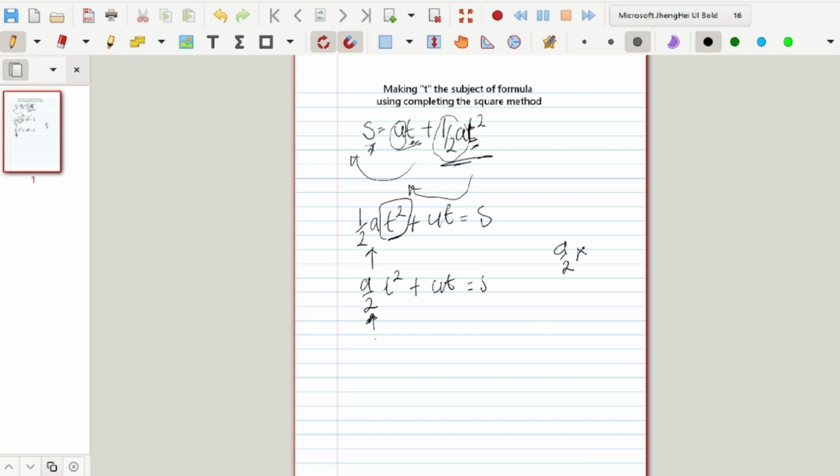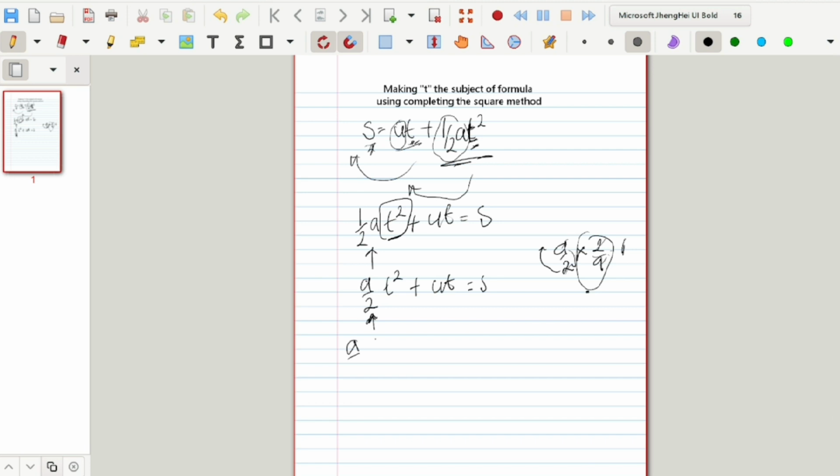The multiplicative inverse is like taking this up to the numerator and this below, so it will now be 2 over a. In 2 over a, a cancels a, then 2 cancels 2, and you are left with 1. That's the reason why you do that. So in short form, we multiply every term in the equation by 2 over a, rather than divide by a over 2, still the same thing.